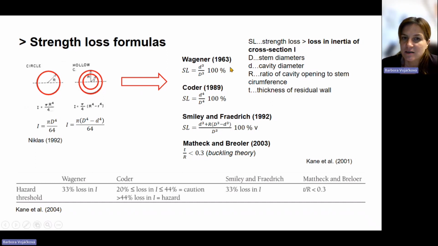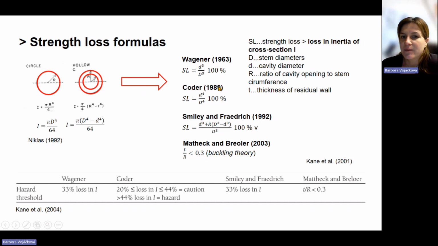So these formulas from Wagner, Coder, and Smiley were all derived from these basic formulas, from the computation of the moment of inertia. The only difference is that Wagner was quite aware that the tree is not a perfect material, so he was harsher on the tree than Coder, who was more generous to the tree, let's say.